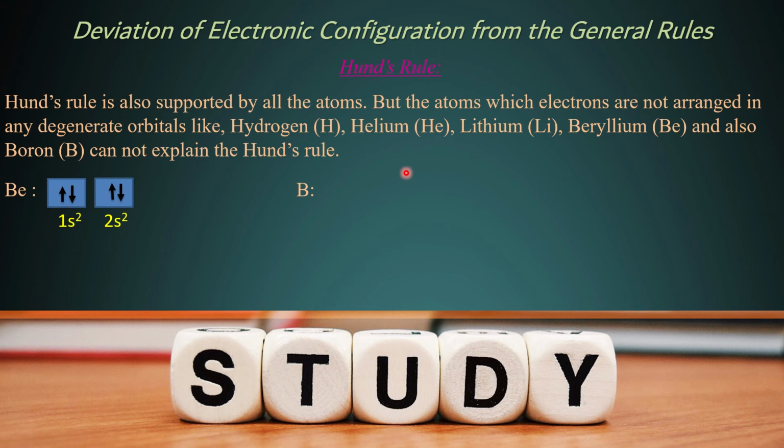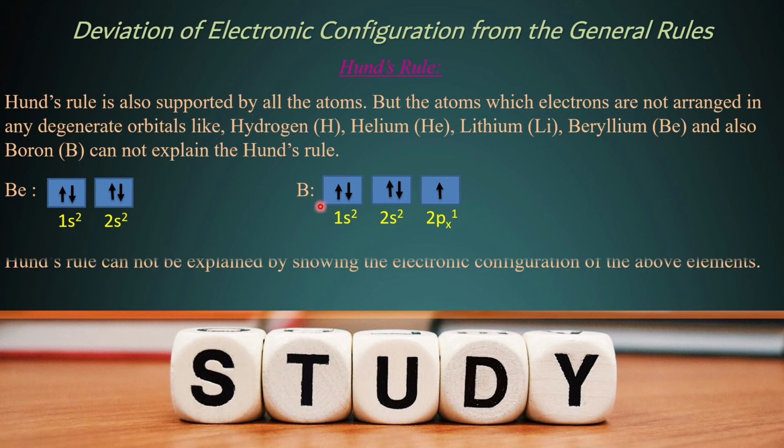The electronic configuration of beryllium is 1s2 2s2. There is no degenerate orbital, so we cannot explain Hund's rule by using beryllium. In the same way, boron has one electron in the degenerate orbital 2px, but only one electron, so Hund's rule cannot be explained by using boron either.